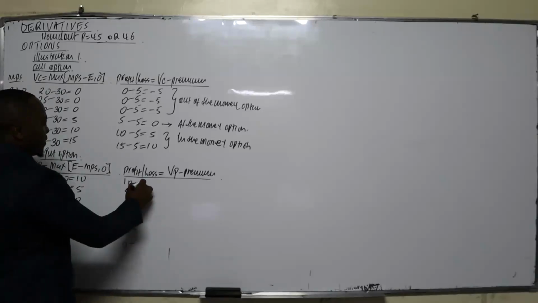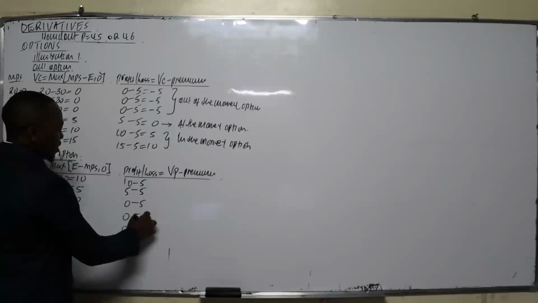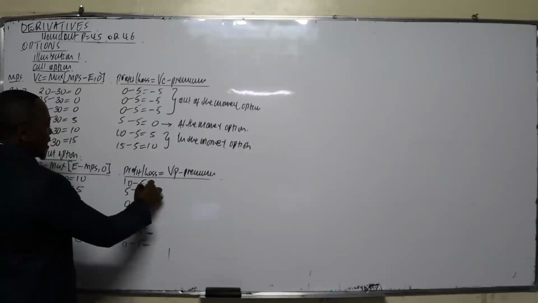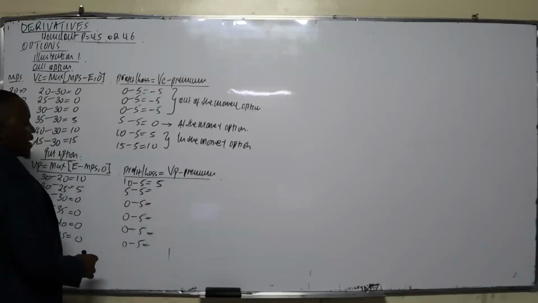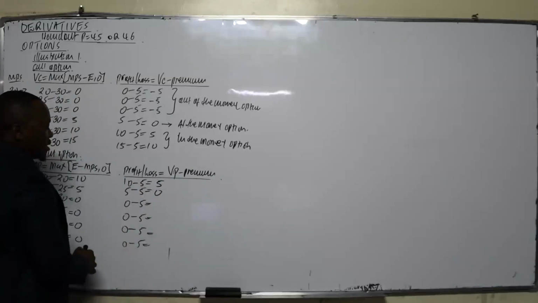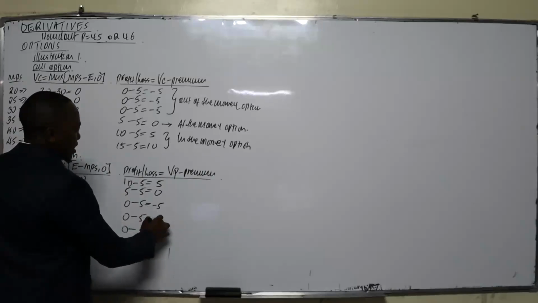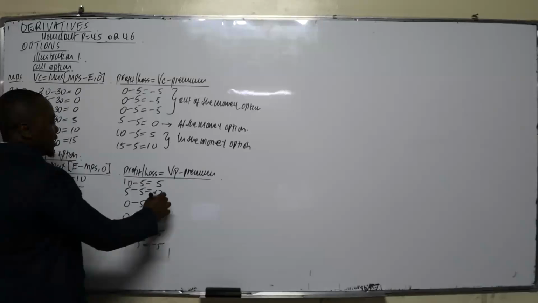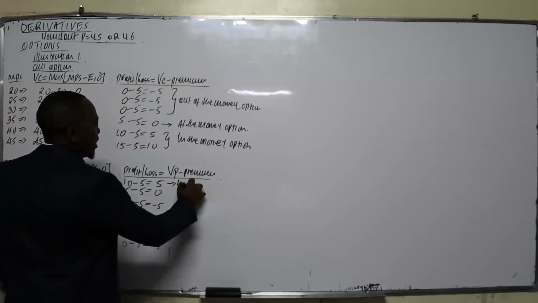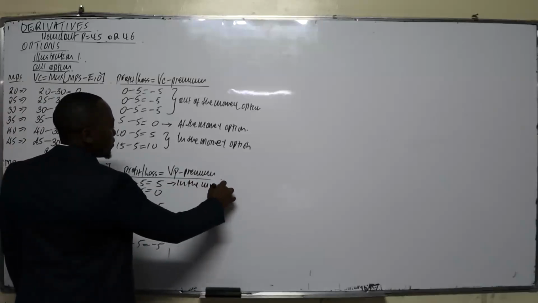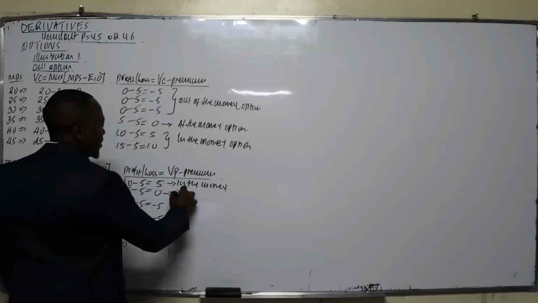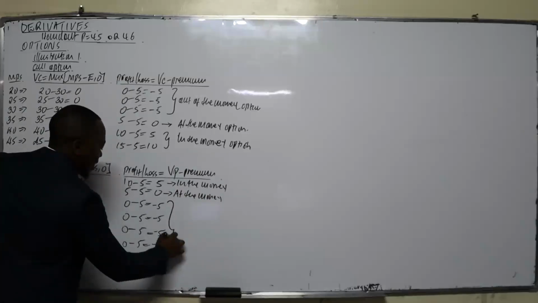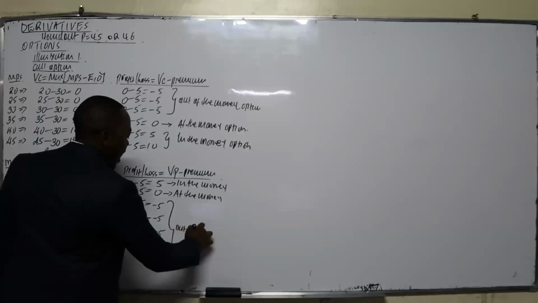The transaction cost was 5. 10 minus 5 you have 5. 5 minus 5 is 0. The rest you have is negative 5, negative 5, negative 5, negative 5. So this is what you call in the money, this is at the money, and this is out of the money.